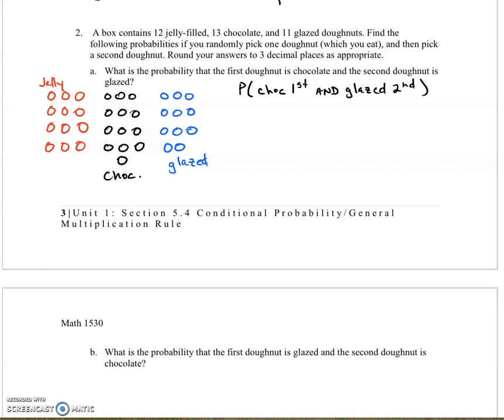That's the probability of chocolate times the probability of glazed given chocolate first.